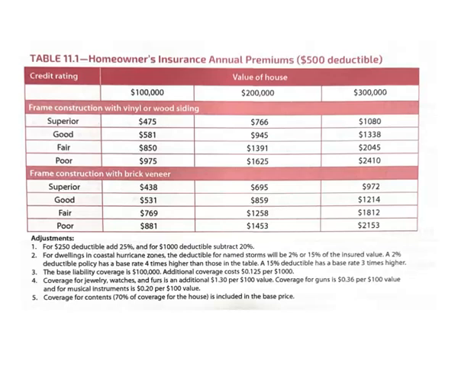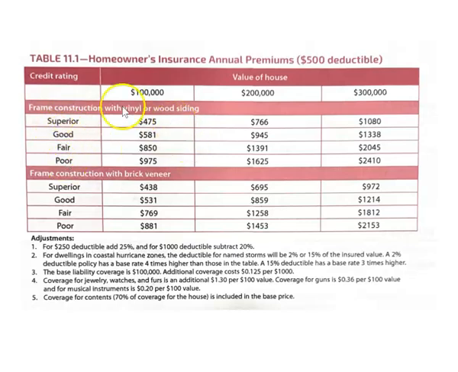This table 11.1 is the chart that your book uses for all of our problems. It is looking at homes that are worth $100,000, $200,000, or $300,000. And then over here on the left, these are not the quality of the home, but what a person's credit rating is: superior, good, fair, poor.